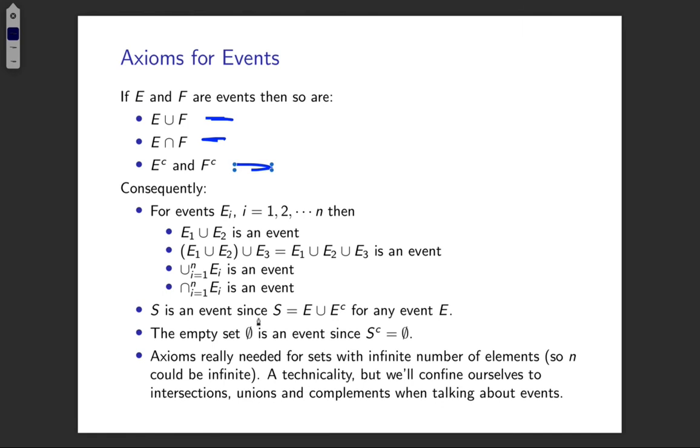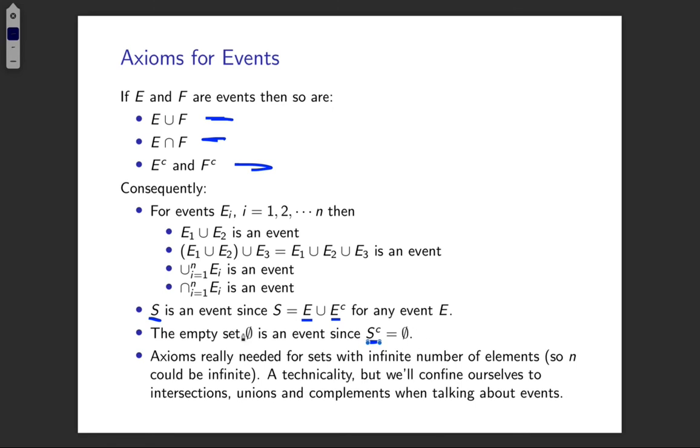And there are some consequences of that. That means that the sample space is an event, because if we take any set E, we can always take its complement, which is everything not in E, take the union of them, and that gives us everything. So that's the sample space S. Another consequence is that the empty set is also an event, because if the sample space is an event, then the complement of the sample space is the empty set.